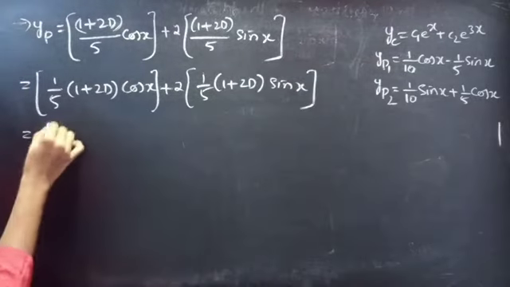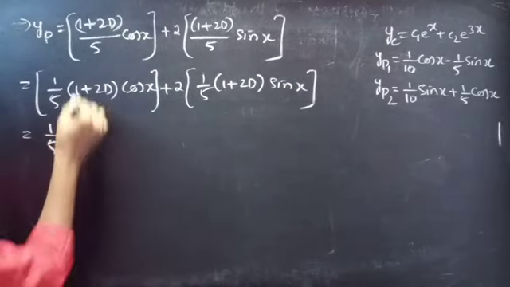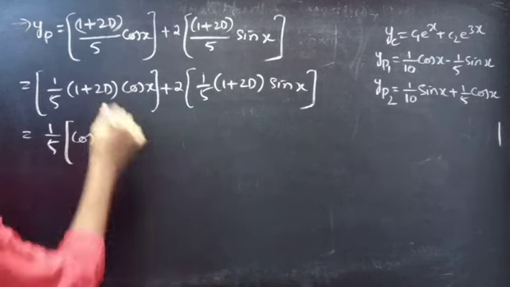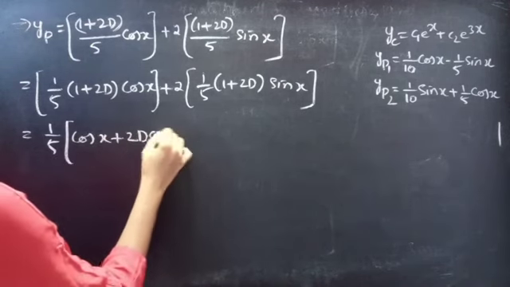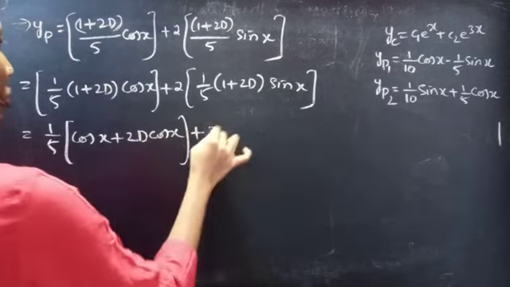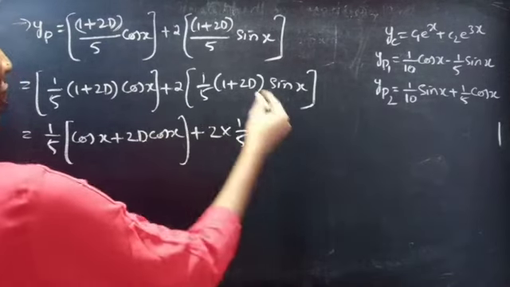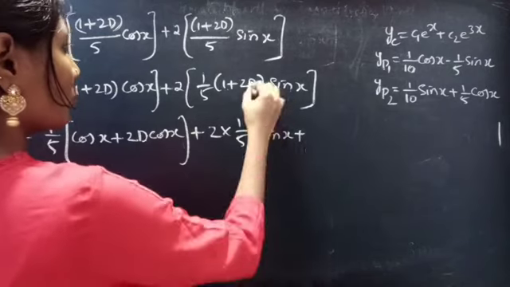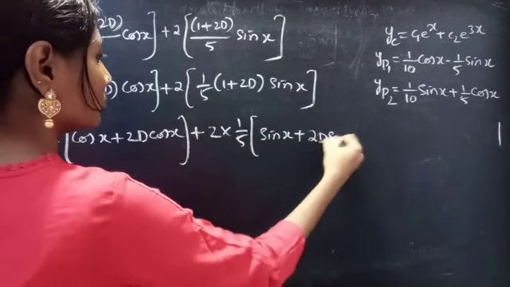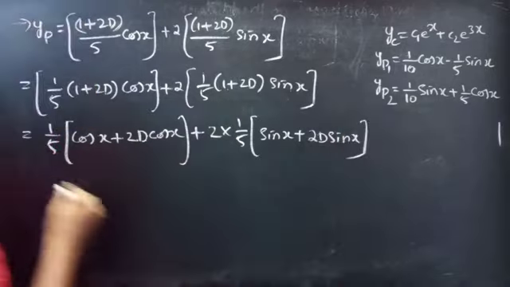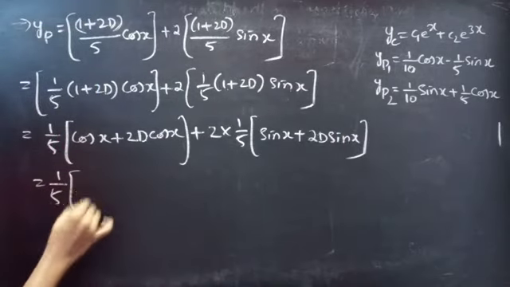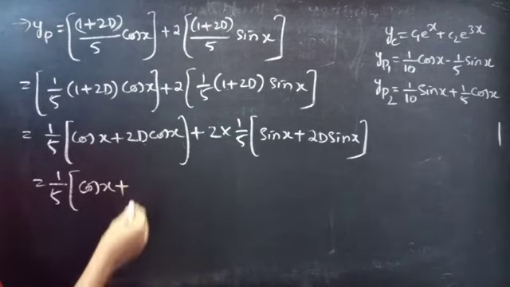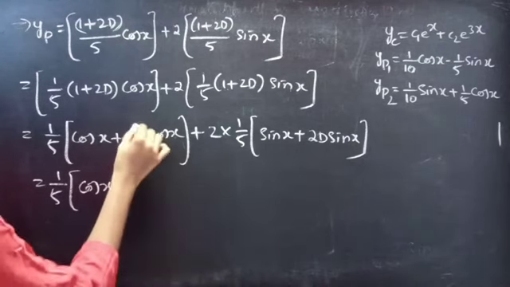This becomes 1 by 5 into 1 into cos x is cos x plus 2d cos x, plus 2 into 1 by 5 into 1 into sine x is sine x plus 2d sine x, which is equals to 1 by 5 into cos x plus, here d is a differential operator. So find the derivative of cos x here.